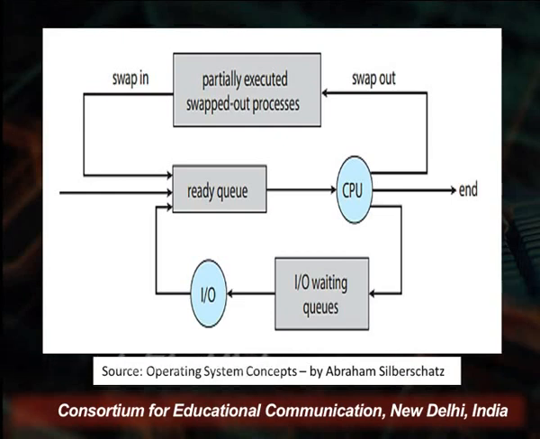Later on it is swapped in again, kept into the ready queue, and then it waits for the CPU at some next moment of time. This is the concept of the medium term scheduler. Some systems which do not have a long term scheduler may have a medium term scheduler as well.